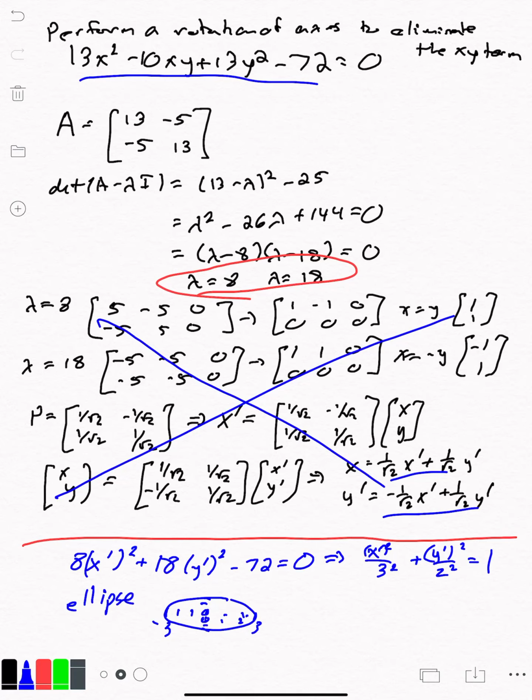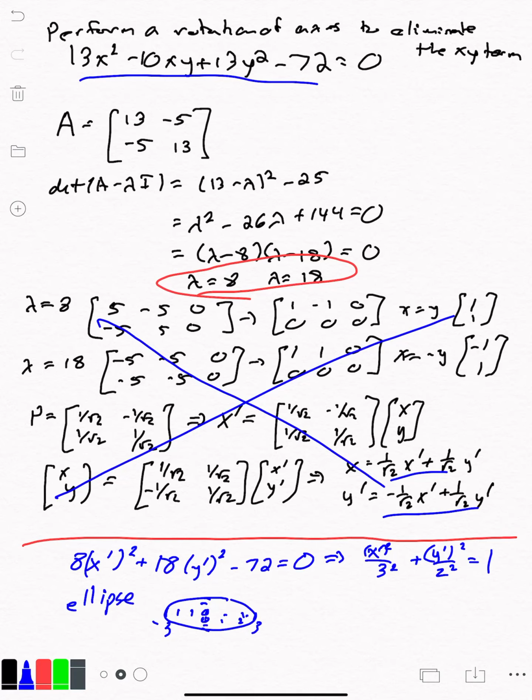So what I will ask you from this section is I will ask you to take a quadratic form like this and ask you to eliminate the xy term in it. And you're going to do that by just this exact process here. You're going to write out your matrix A. You're going to find the eigenvalues of it.